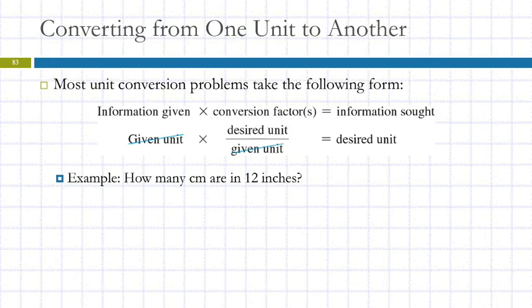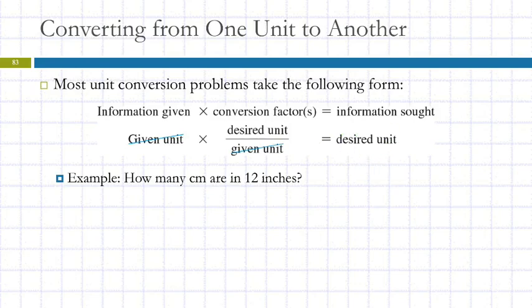So that's going to look like this. We're given a unit, and we want to know what that is in this other unit. So we're going to use a conversion factor in which we have the desired unit on top and the given unit on the bottom. The given unit will cancel out, and we end up with the unit that we want.